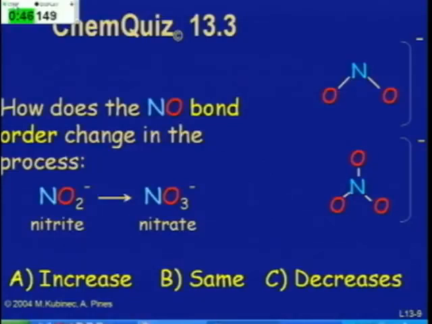Gotta get into formal charge. All right, we gotta go here. I got 8 minutes, so I gotta do formal charge. 24 seconds. Don't forget to vote in. Still got about 30 people left to go.